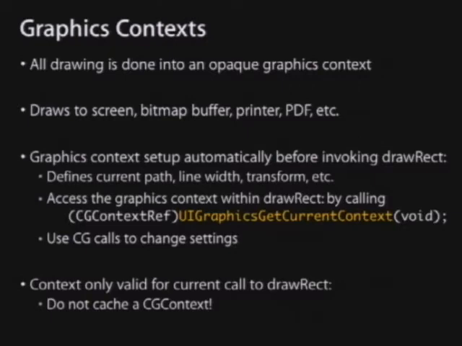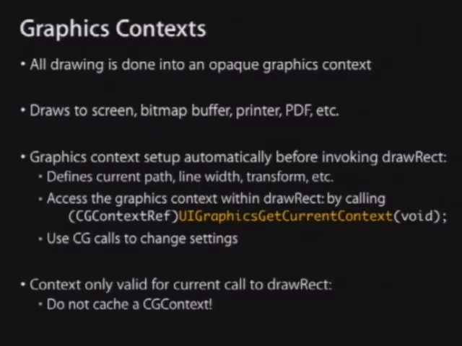But when you're drawing, you can get your current graphics context using UIGraphicsGetCurrentContext. You can then set different properties on that context. So you can set the fill color and point size for a font. You can set the font. You can set the width of a line. And then you go through and you actually start drawing.